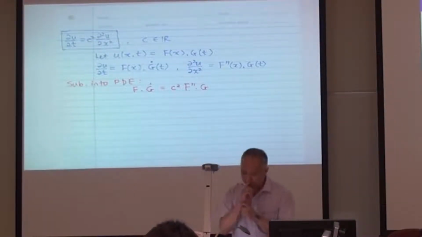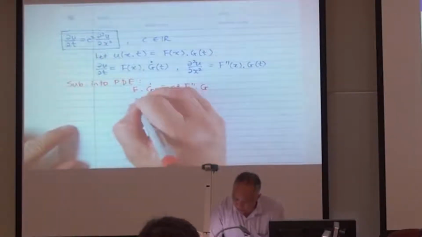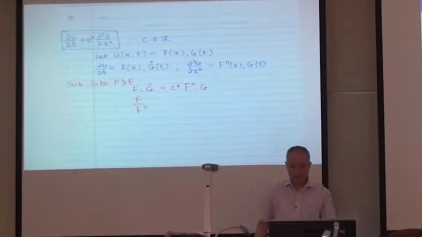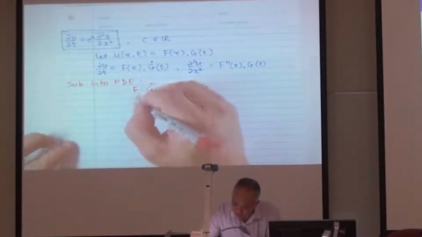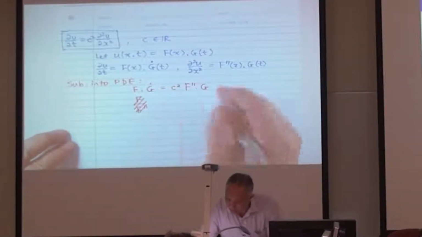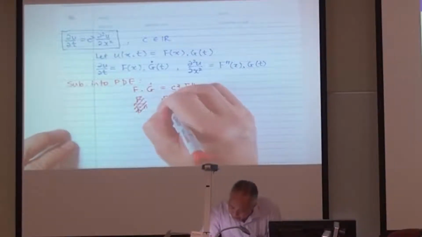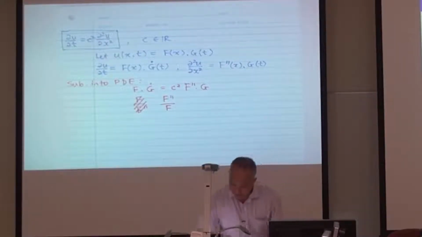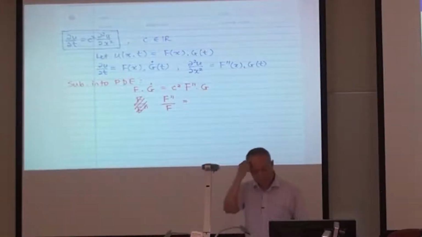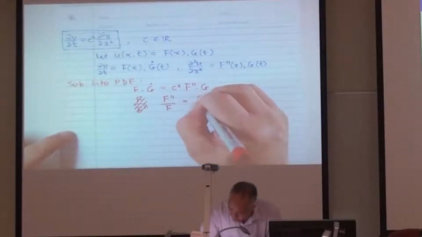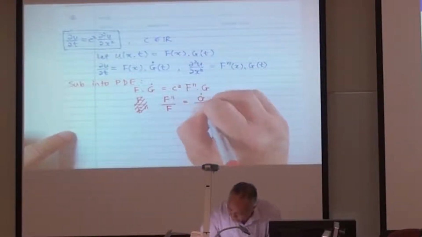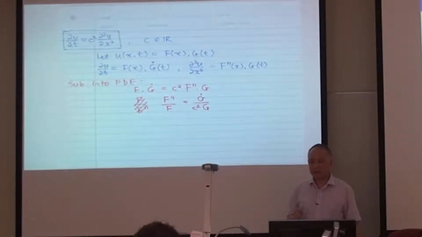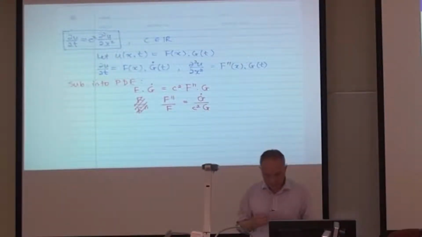So if I were to do that, let me write it as f double prime over f equals g dot over c squared g. Am I right?